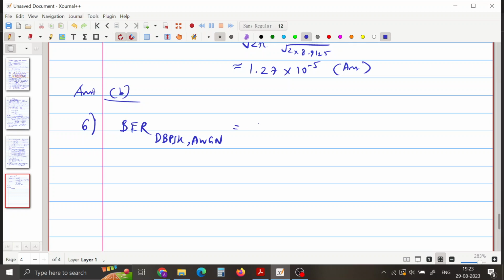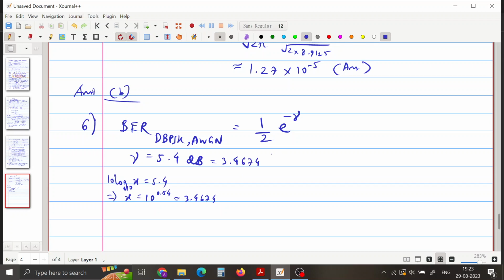If you recall your lectures, the expression was given by half e power minus gamma, and gamma is your SNR, which is given in the question to be 5.4 dB. Again, if you convert it to the linear scale, I'm writing this again and again, but by now it should be simple to you. This is approximately 3.4674 in linear scale.